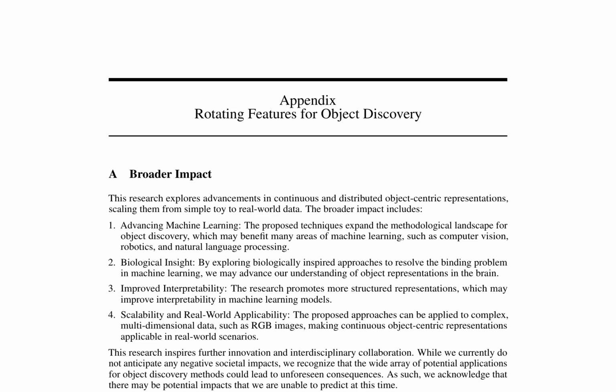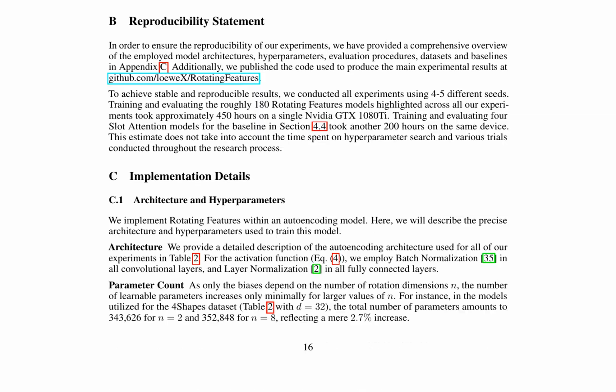The paper provides a statement on reproducibility, detailing model architectures, hyperparameters, evaluation procedures, datasets, and baselines used. The implementation details section outlines the auto-encoding model's architecture and hyperparameters, including activation functions and parameter counts. The paper acknowledges potential unforeseen consequences and emphasizes the need for further innovation and interdisciplinary collaboration.